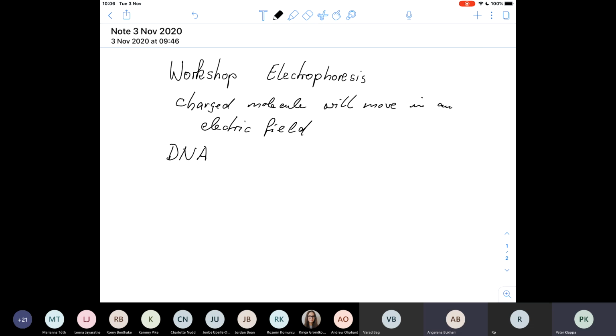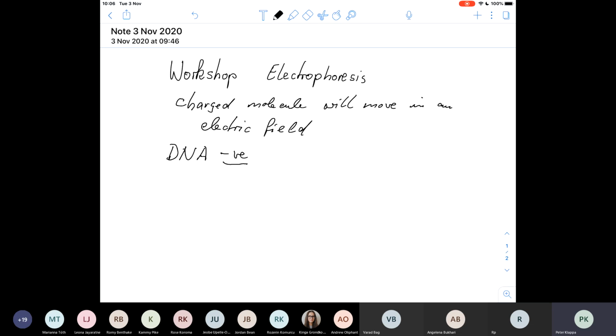Dana, absolutely right. It's negatively charged because of the what groups? The phosphate groups, exactly. So DNA is always negatively charged.